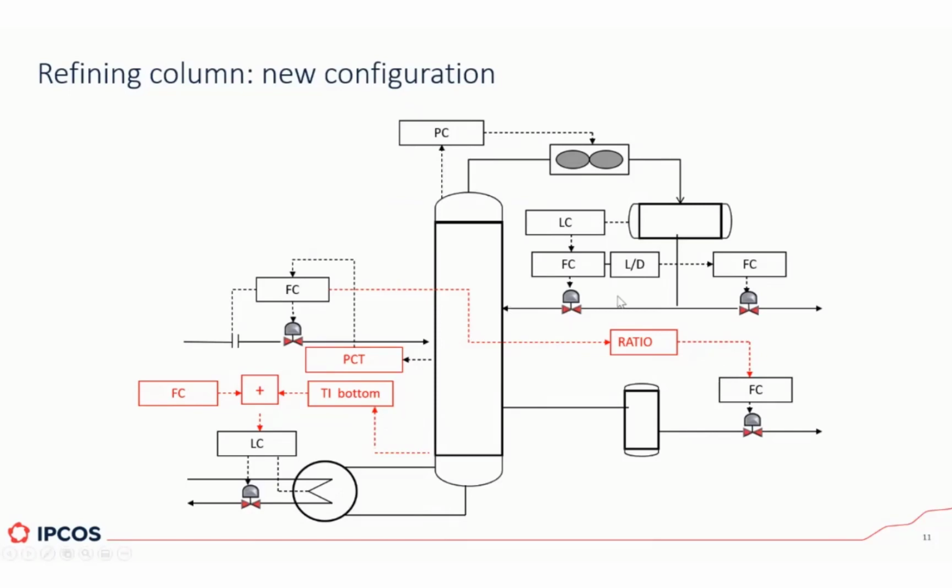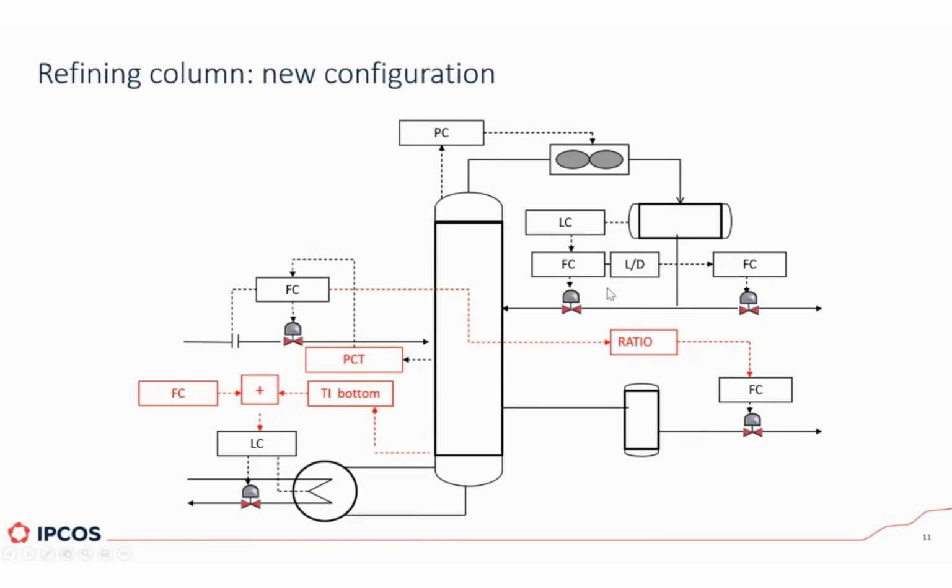And last but not least, in the top of the column, your control is not just a simple reflux control, but in fact, this control is a reflux ratio control. So your reflux ratio is always in control. Here, the configuration is such that your level controller is dictating how much the reflux moves, and then your reflux ratio controller is dictating how much top product you are taking out from the column.